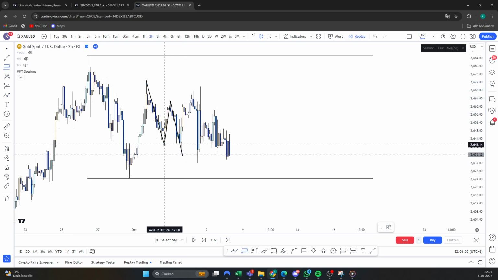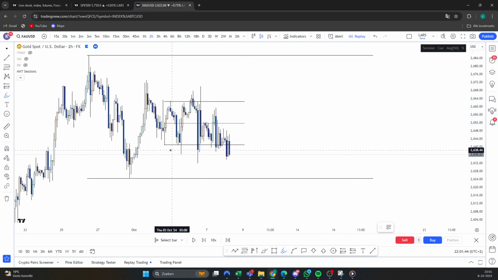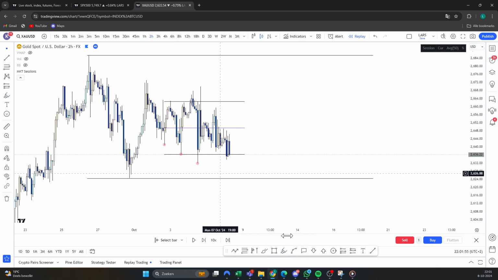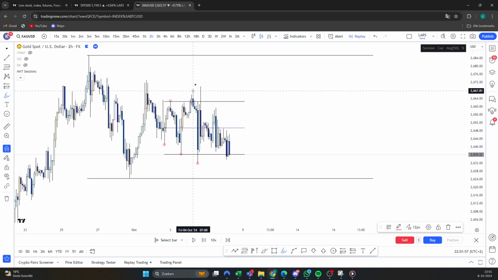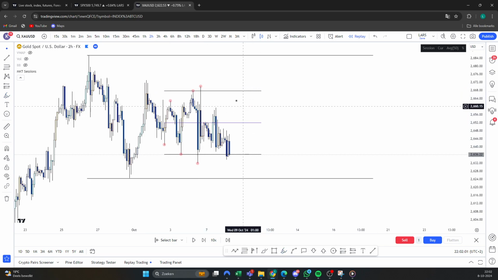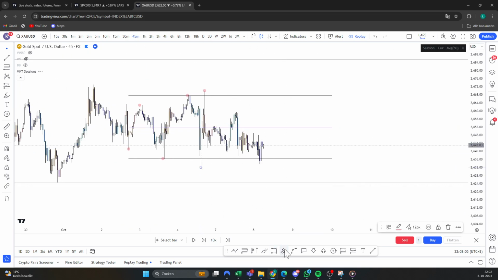From there, we pull our range from bottom to top, and this has basically been our range, where we had a model 1 accumulation at the bottom right here that went over into a model 1 distribution right here. Let's make these dots perfectly. There you go.